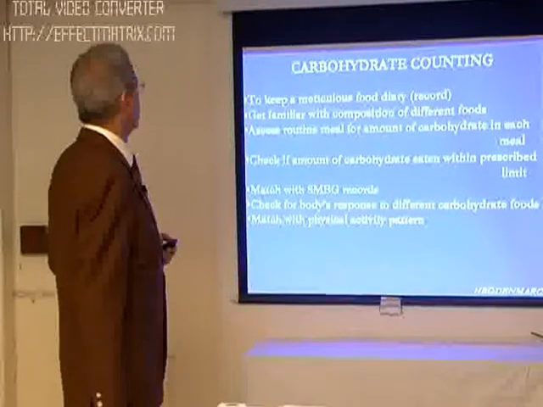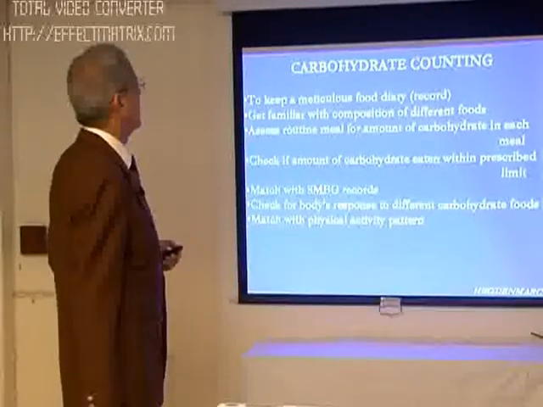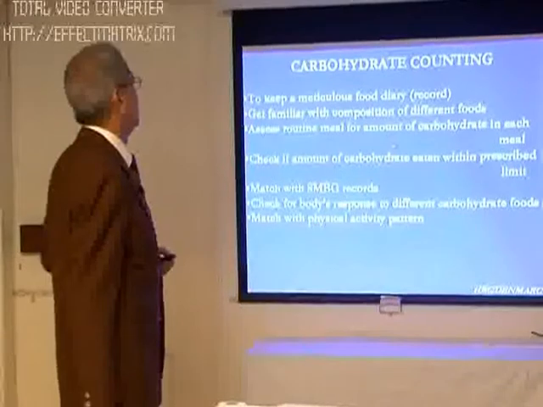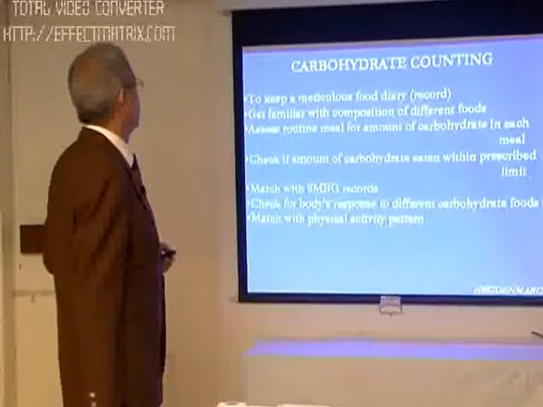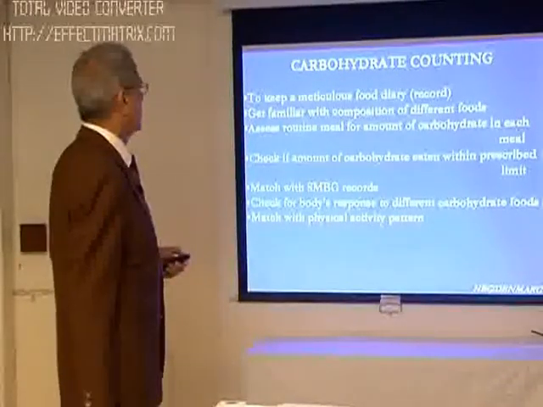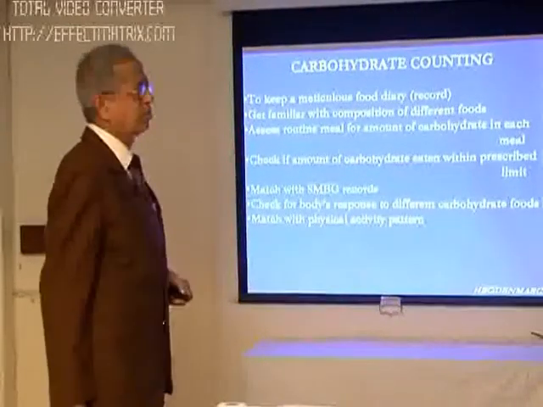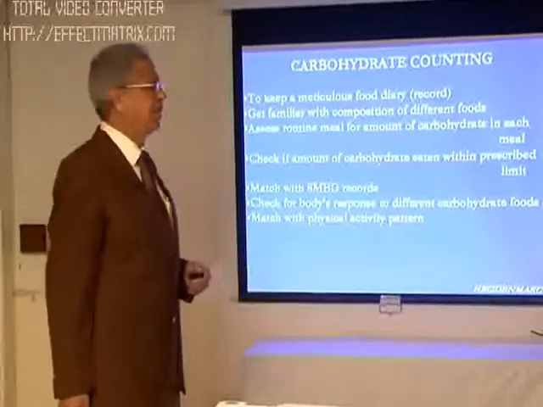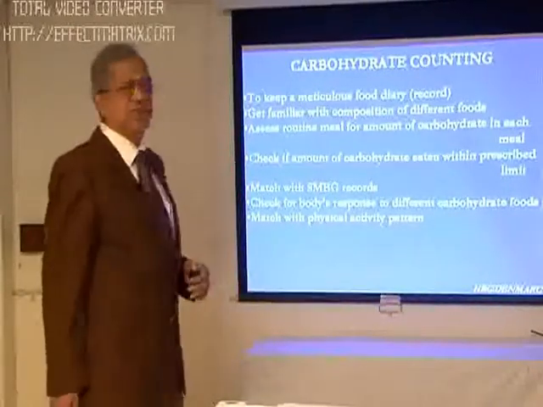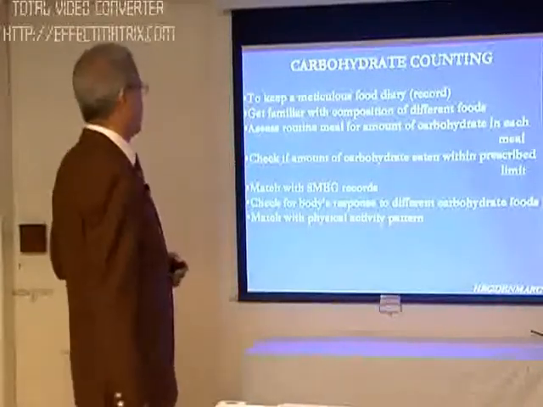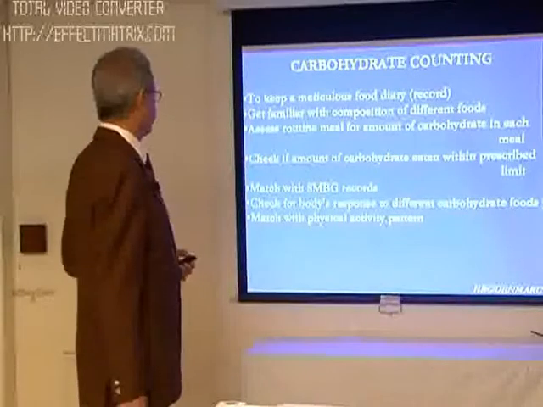Patient has to keep a meticulous food diary. He has to get familiar with the composition of food, and also he should see his routine meal and carbohydrate content, and whether there is something extra in the meal, and of course sometimes there is a very complex dish where he cannot figure out the ingredients, then of course the carbohydrate counting will go wrong.